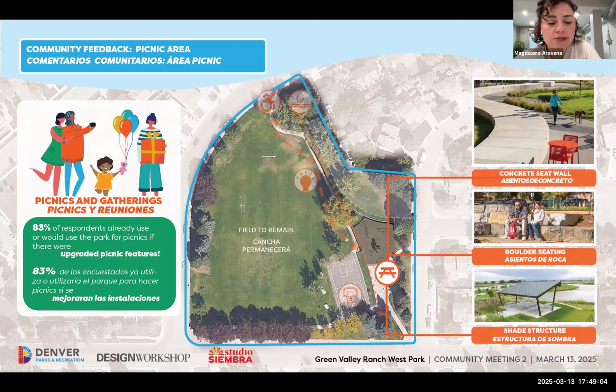The consensus, as you can see on the right side of the slide, was a desire for concrete seat walls, boulder seating options, and a shade structure for the picnic area. As you'll see later on, these were incorporated into the design direction.